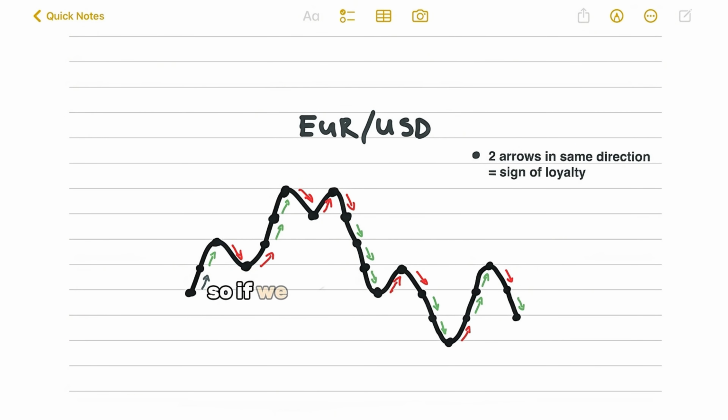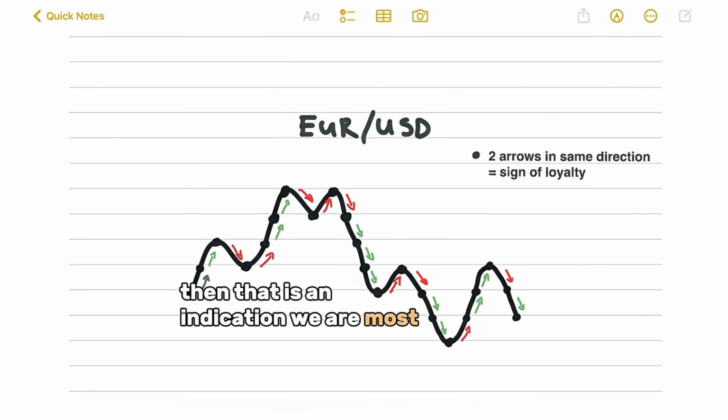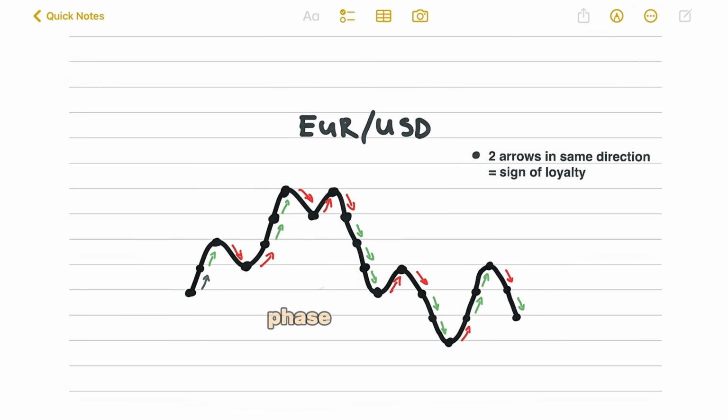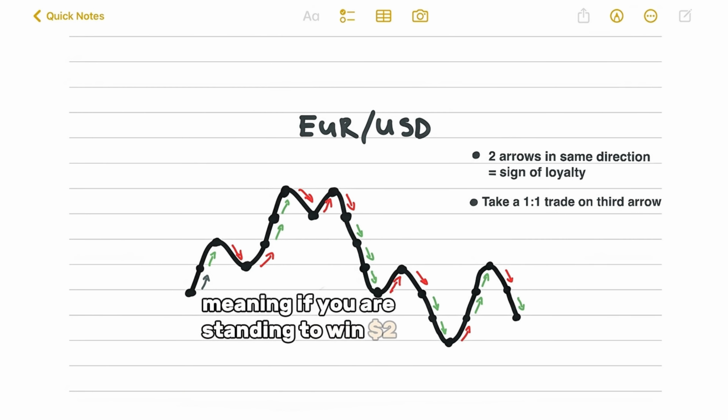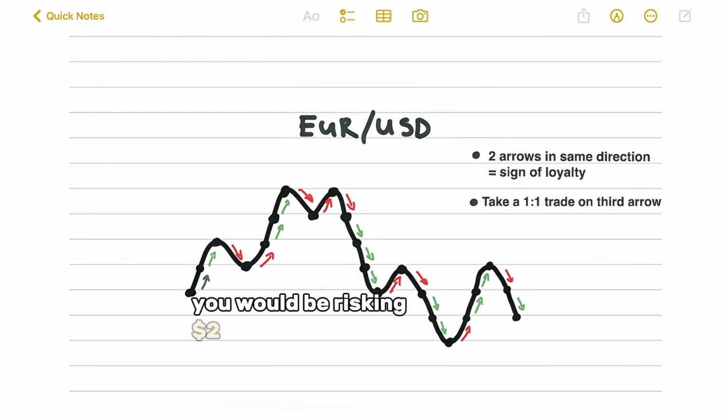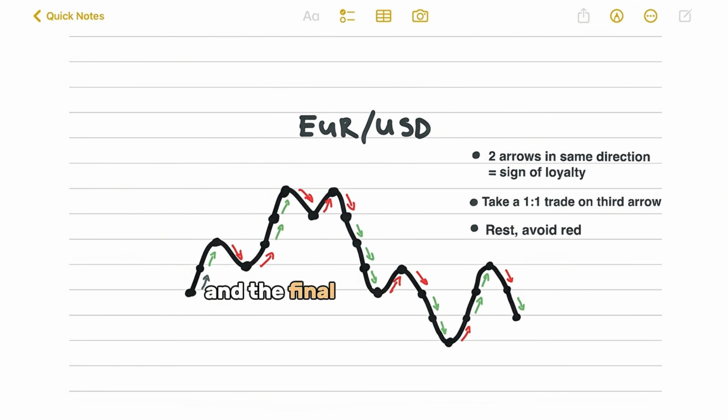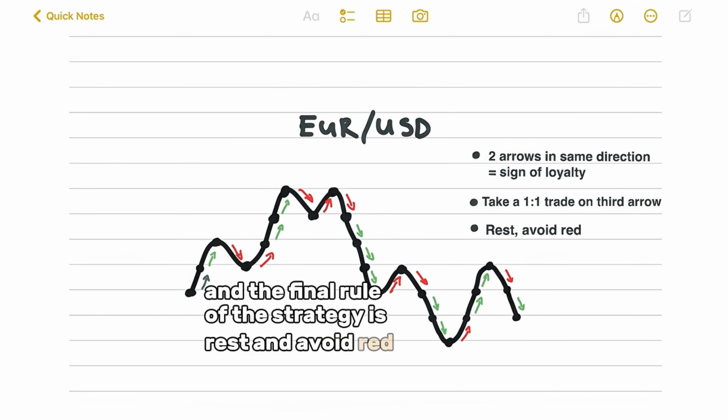So, if we see two arrows in the same direction, then that is an indication we are most likely in the loyalty phase, and we can look for opportunities. Secondly, take a 1:1 trade on the third arrow. 1:1, that is your risk to reward ratio, meaning if you are standing to win $2, you would be risking $2. And the final rule of the strategy is rest and avoid red.